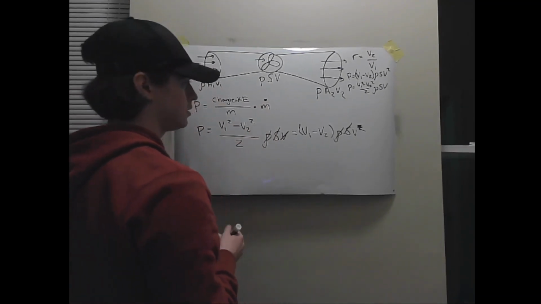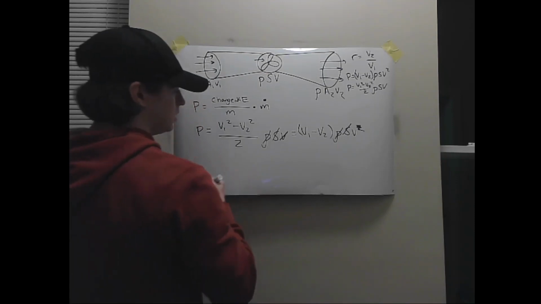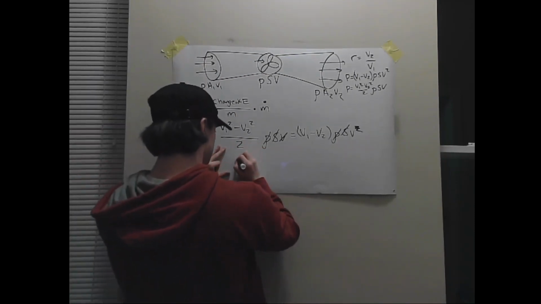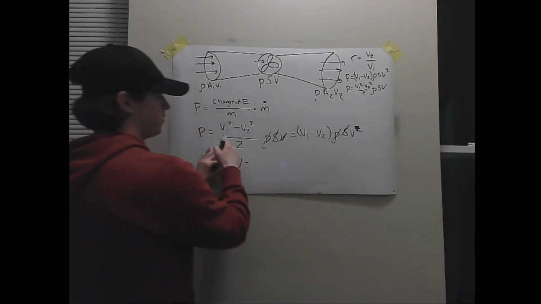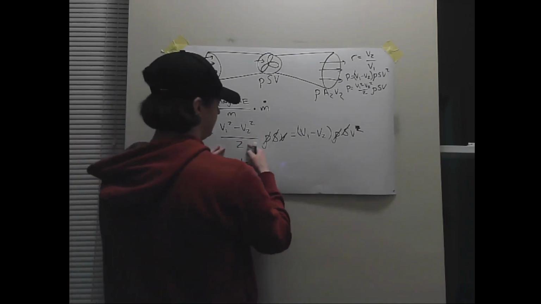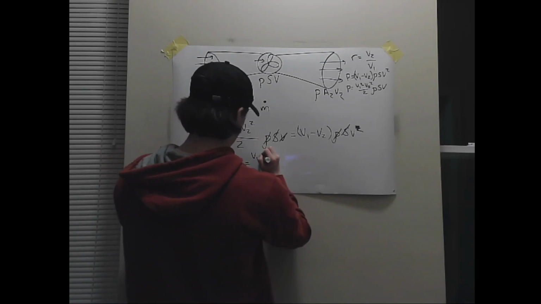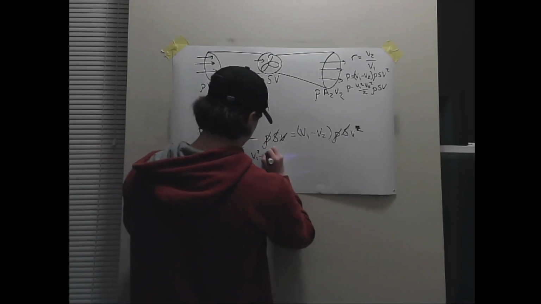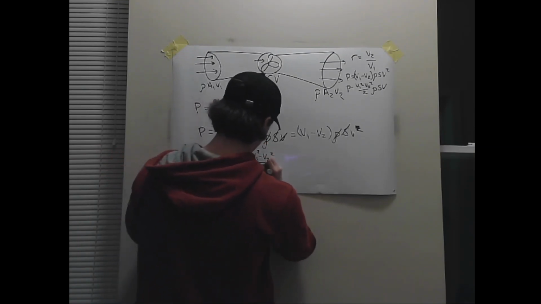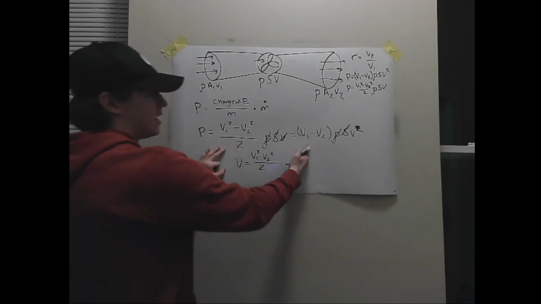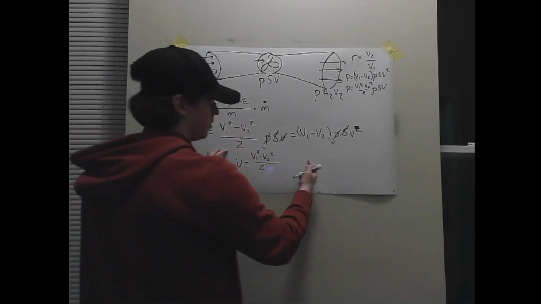So go ahead and solve for that. We have V on the left-hand side of the equation. And so we just have V1 minus V2 over 2. And then I just need to divide over V1 minus V2.